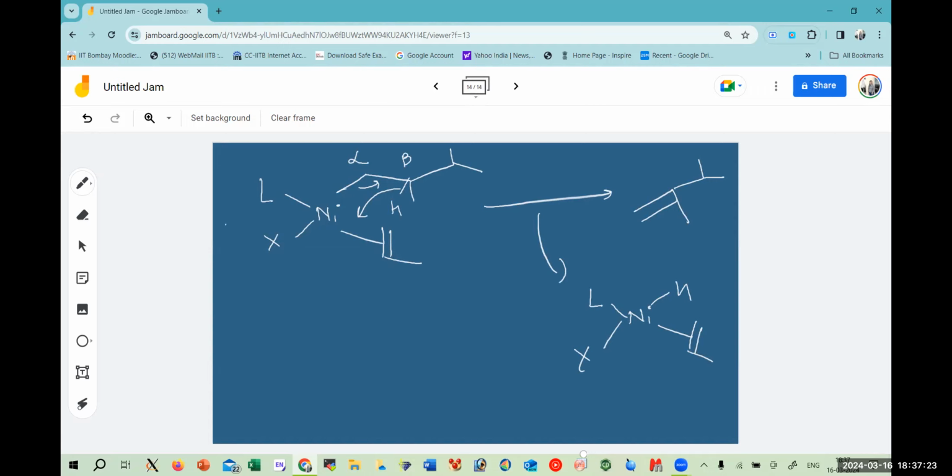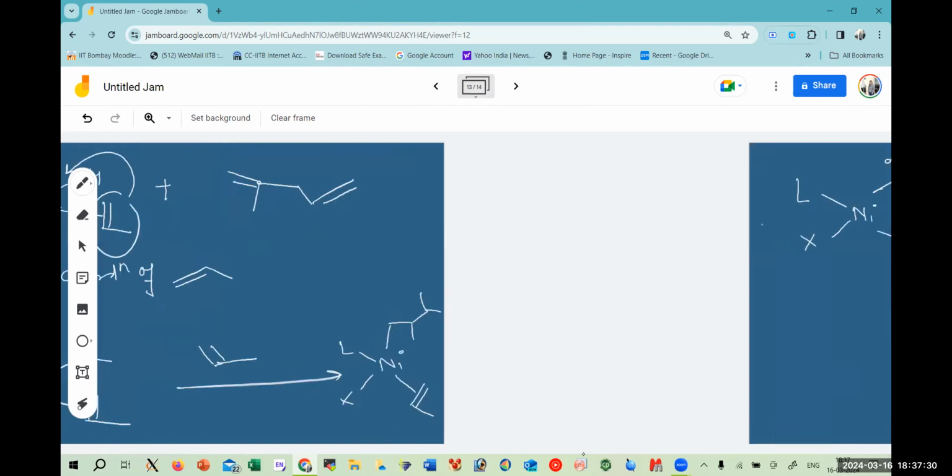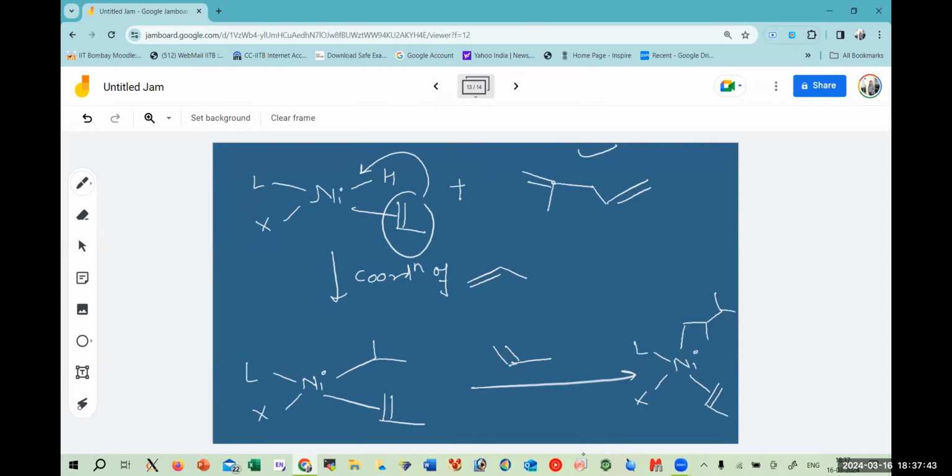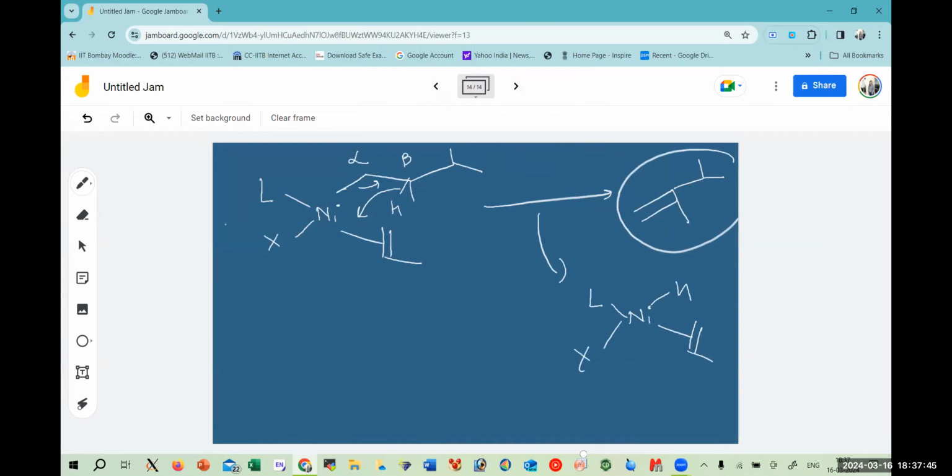So the main point is that our active species is this one, and this was the structure that we were forming. To generate the active species we needed the propene, and ultimately we have used 2N molecules, and it has generated our product over here, and the active species continues to be formed.